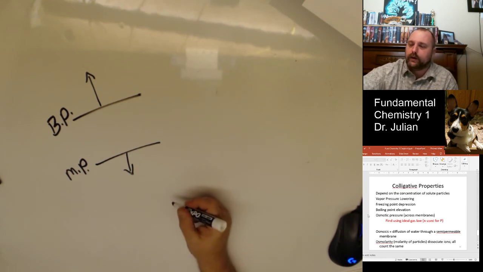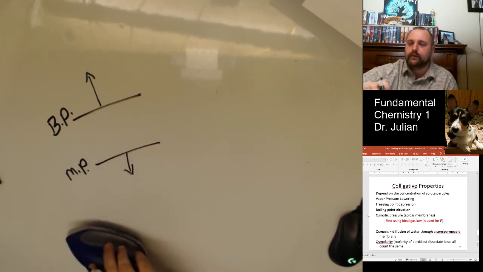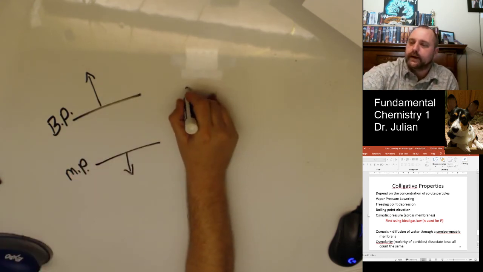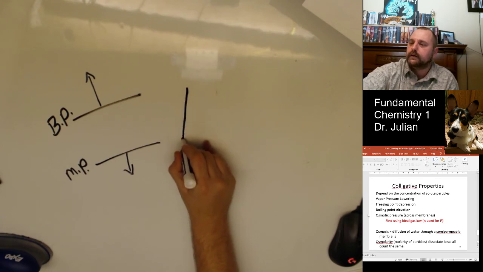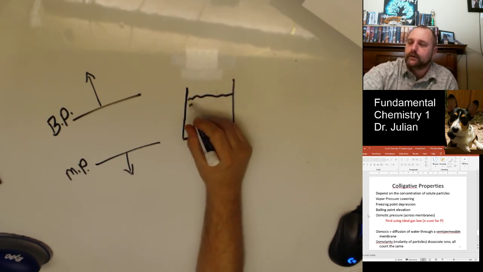And so let's play with the boiling point. Let's figure out what we mean by vapor pressure and boiling point. So these are the effects we're going to be seeing. Let's make a beaker here containing some water.